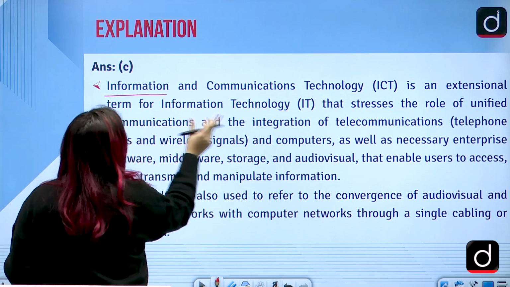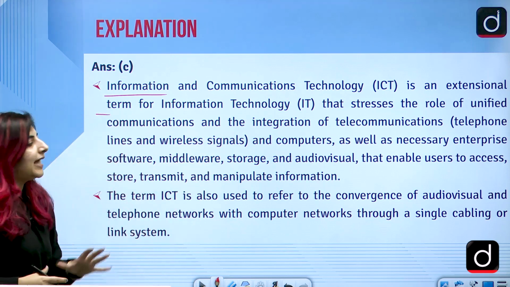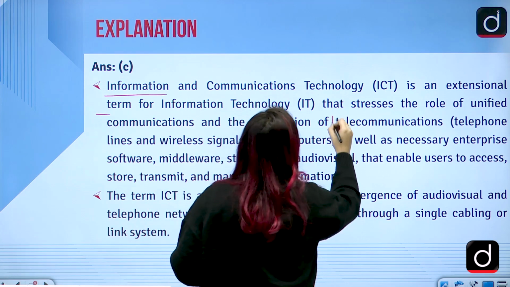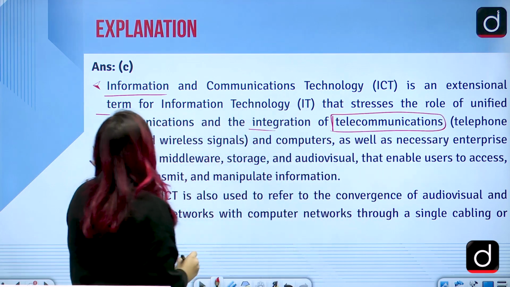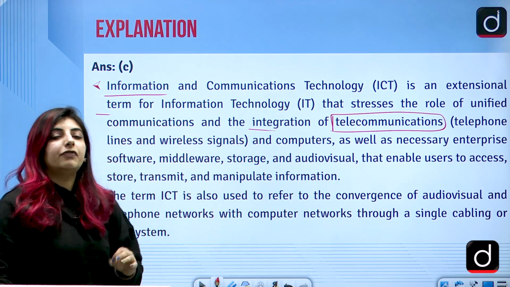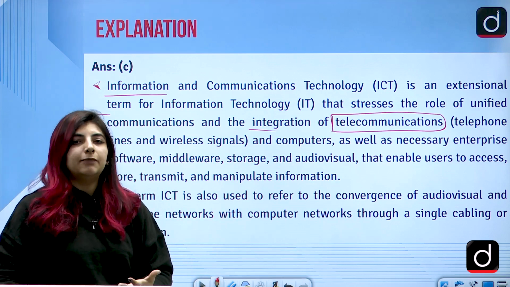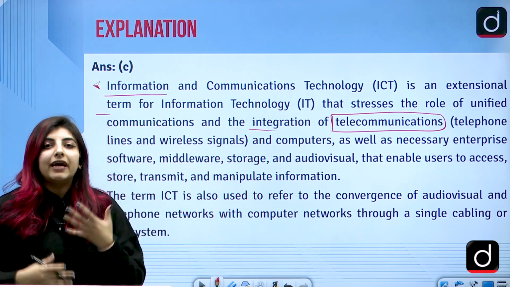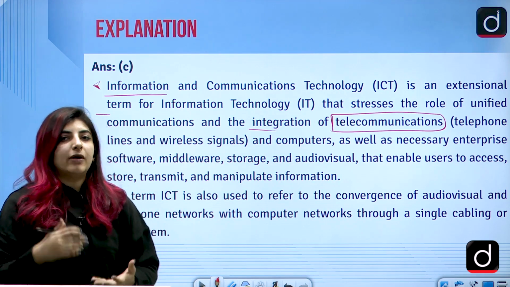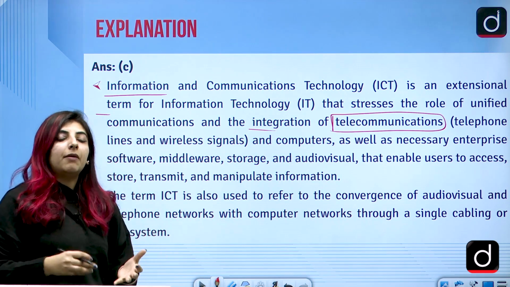It stresses the role of unified communications and the integration of telecommunications, that is, telephone lines and wireless signals. If we talk about voice over internet protocol, through which we can make WhatsApp calls, etc., all of these also come under it.